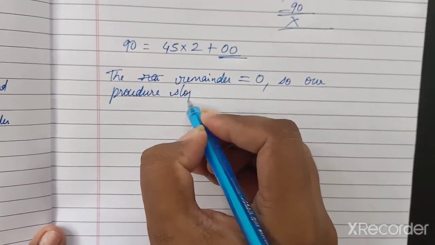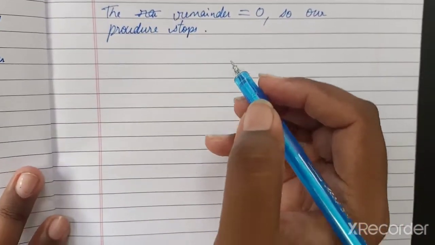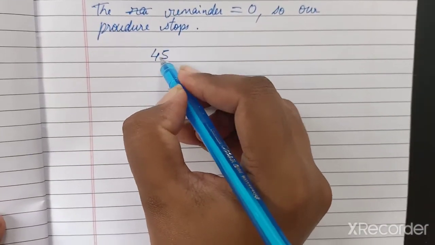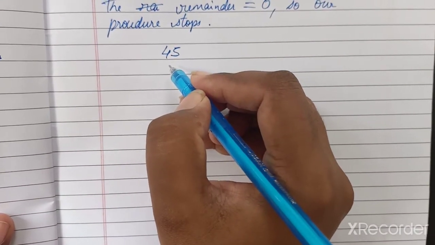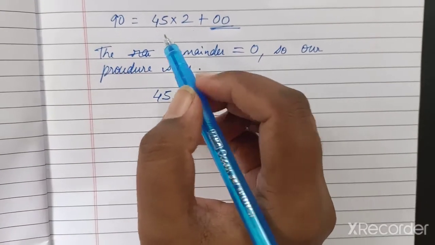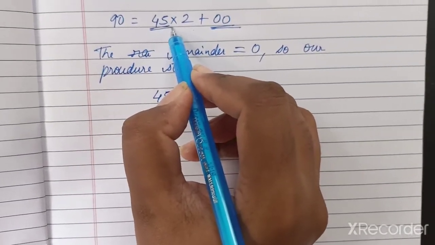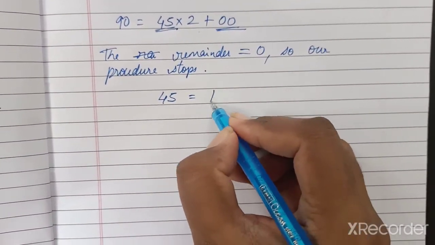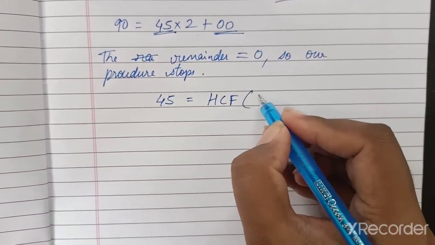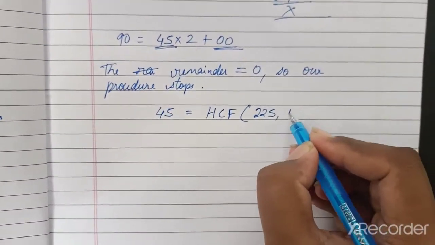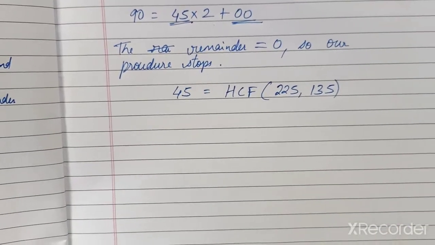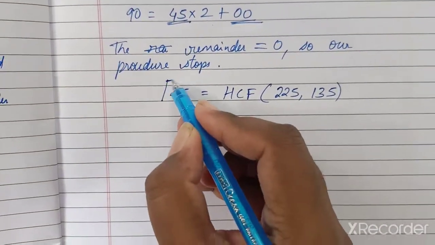So here, 45. From where have we taken this 45? From this step. 45 is the divisor of the last step. 45 is the HCF of 225 and 135. So this is our solution.